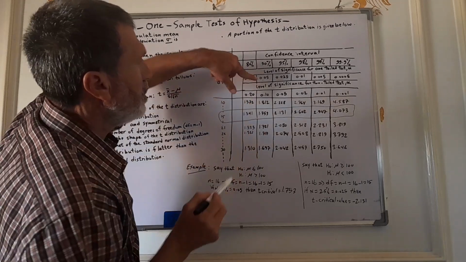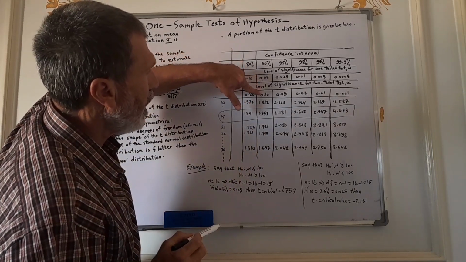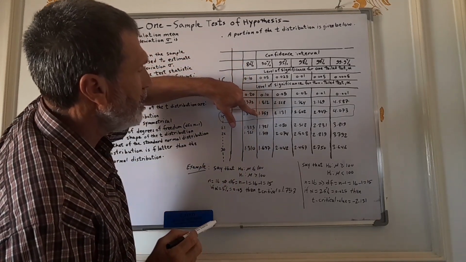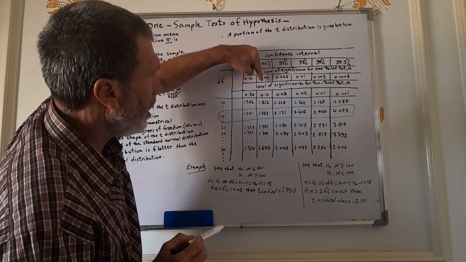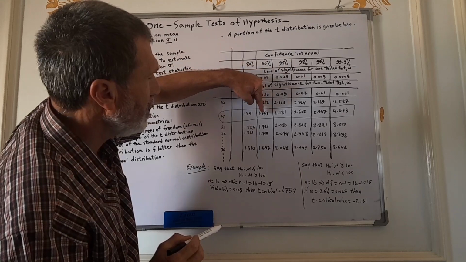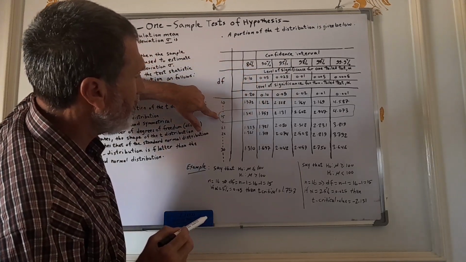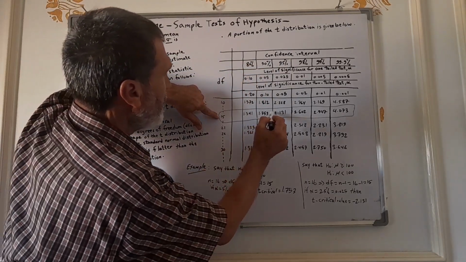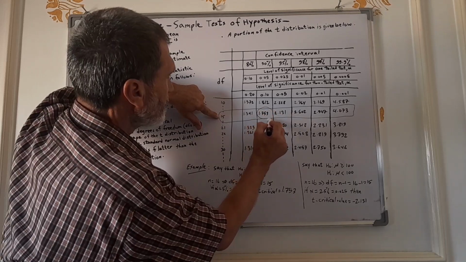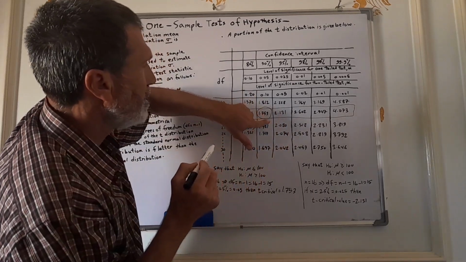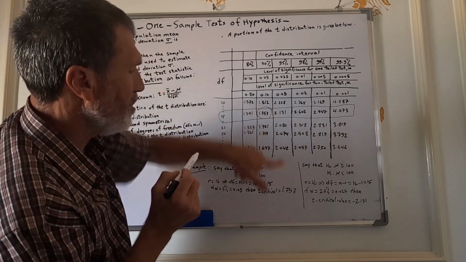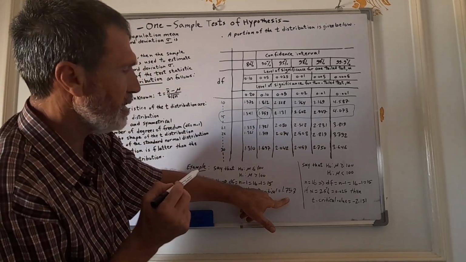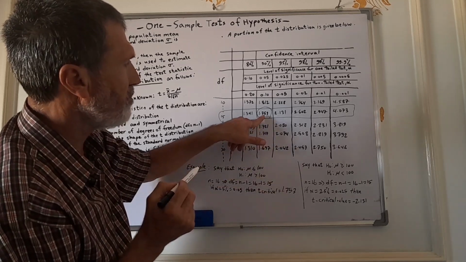So what you do here is move down the column of 0.05 until it intersects the row with 15 degrees of freedom. It intersects over here. So this is the critical value, which is 1.753.